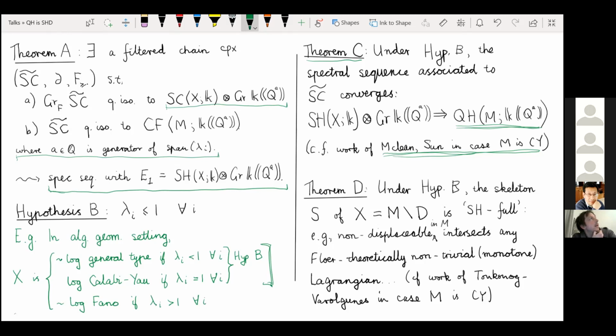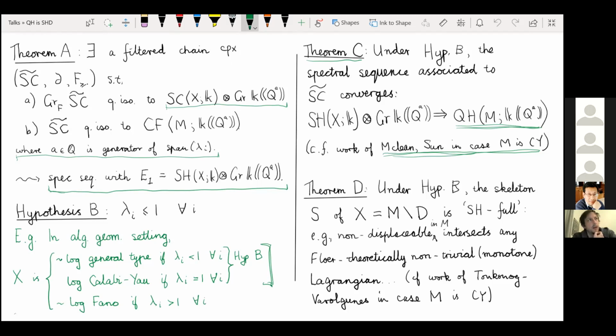Roughly speaking, this is a statement in M. It's saying that all of the Fukaya category of M can be represented by objects living on the skeleton S. Yeah, that's what I meant when I said it's sort of a generator of the Fukaya category.